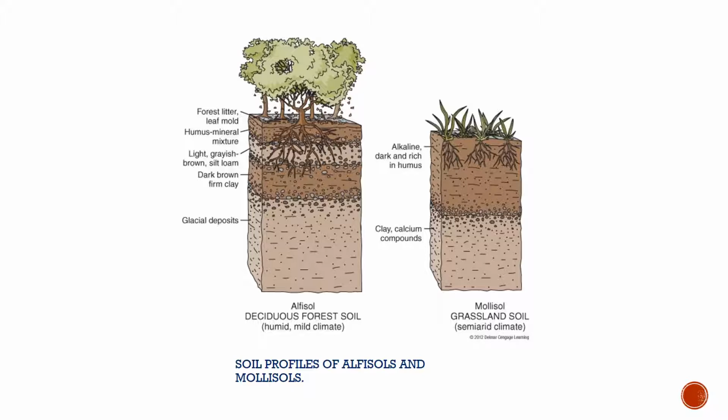So we have more of a clayey mollisol on the right-hand side, and more of a silt loam on the left-hand side that intermixes with that humus and those colors as well. But if you look at the top there, there's more forest litter, there's more things to decompose within that soil, not so much on the right-hand side. So that's just a comparison for you to show you the different types of orders that we have.